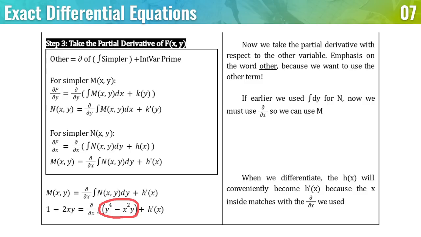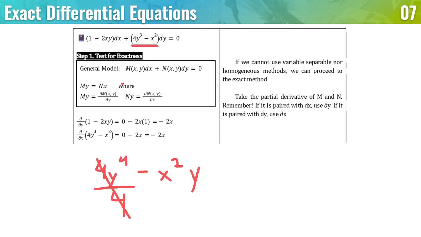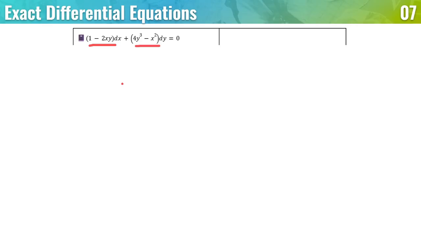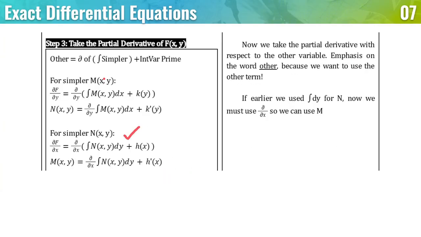So now the h of x earlier is now h prime of x, and we are to get the partial derivative of this one. Also, getting the partial derivative of the whole function only with respect to x makes it so that this is our M x y. So M x y is the only part concerned with x. That's why we have it here.